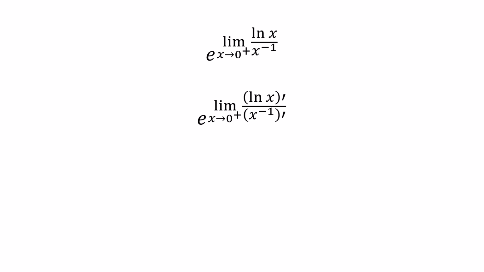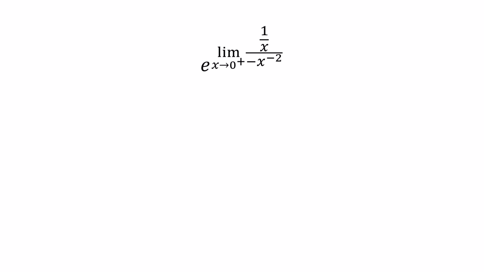Taking the derivatives, we get e to the limit as x approaches 0 plus of 1 over x all over minus x to the negative 2.